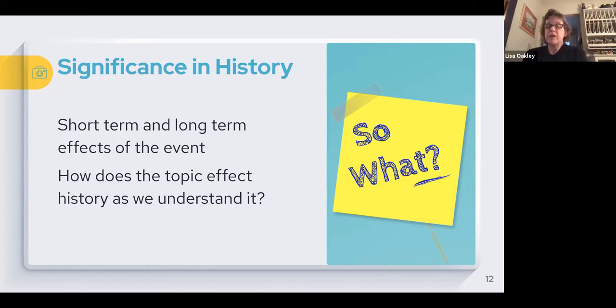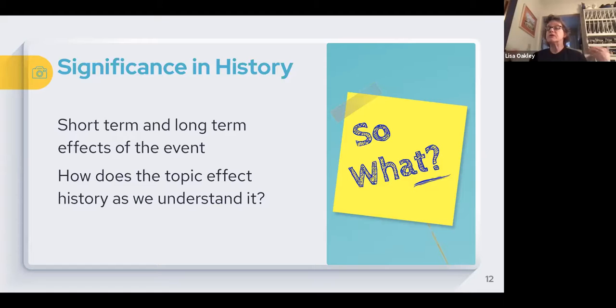But if you have a local topic, realize that when you're at regions and even at state, we have some context. We come to it knowing something as judges and as mentors. But when you go to nationals, it's a clean slate.